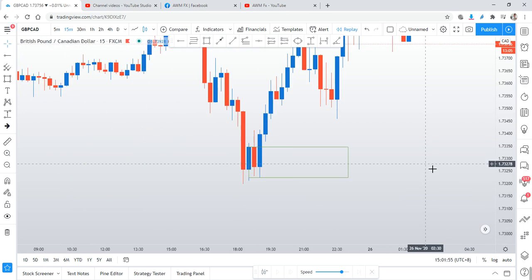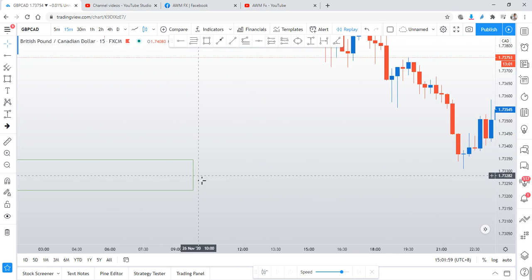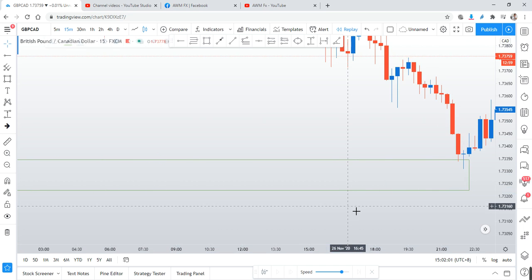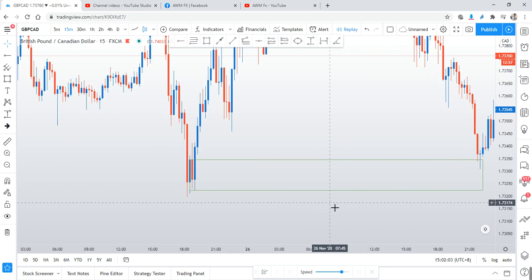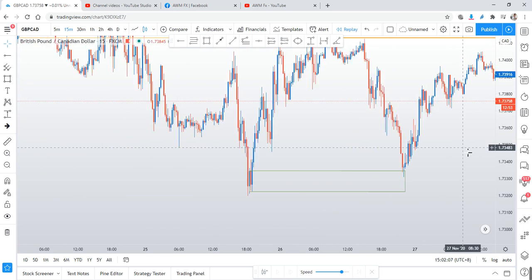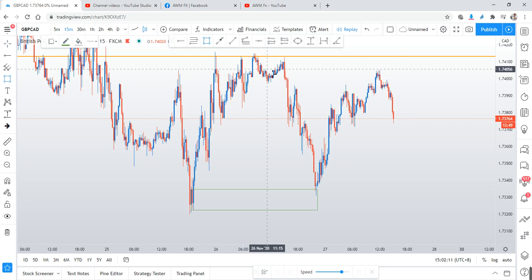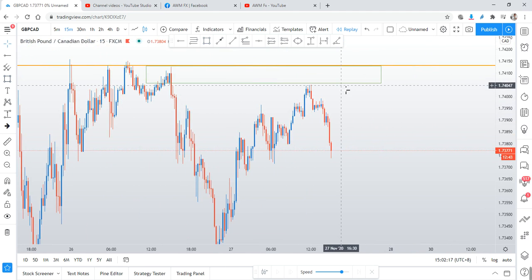So what happened was that the price came to this area, triggered, and then went up, nice, beautiful, to this zone. It does not reach this zone, but I'm already out of this trade.